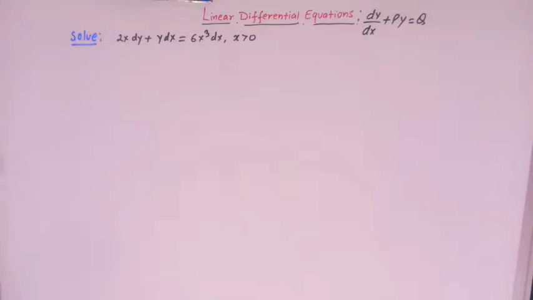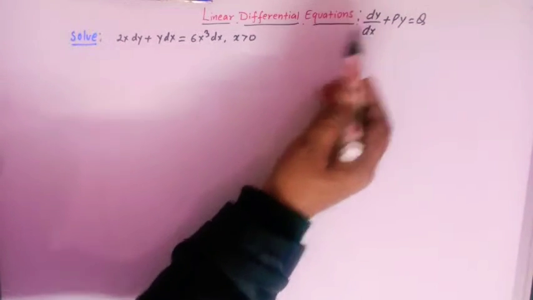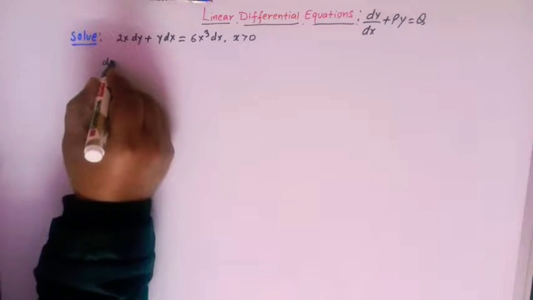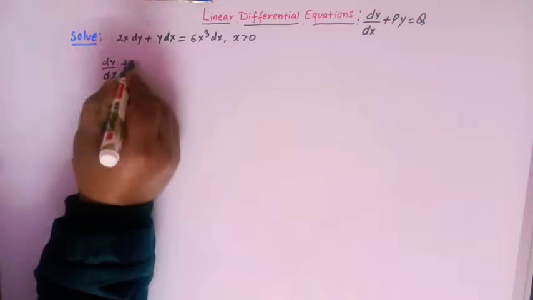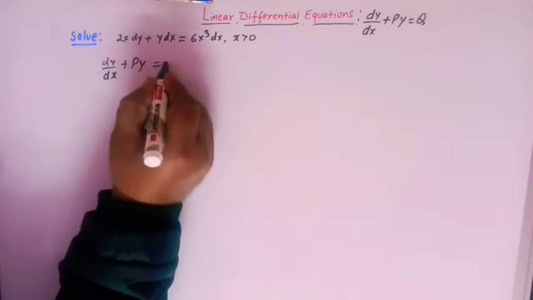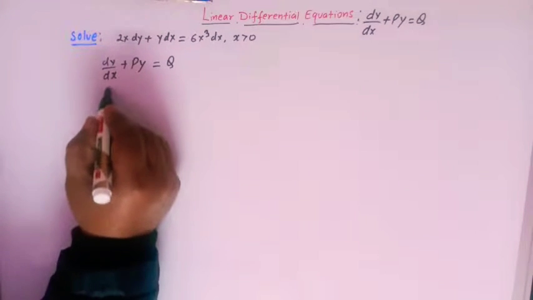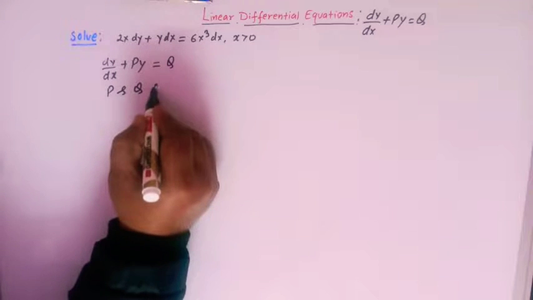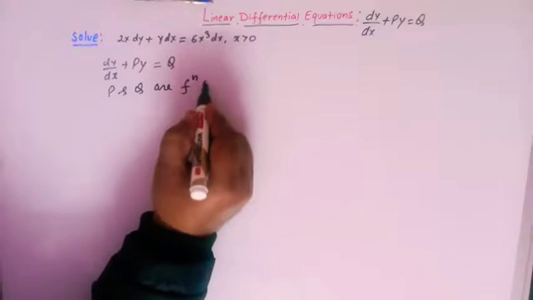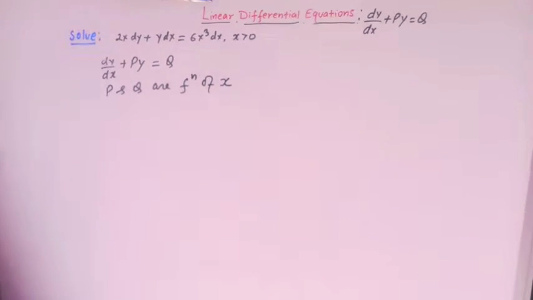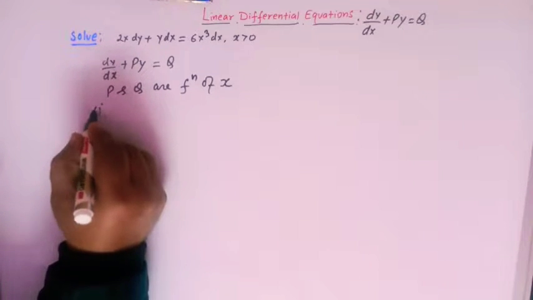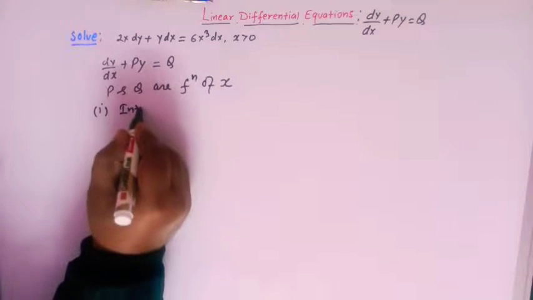in our earlier videos. So if we have a differential equation of this type, that is dy over dx plus py is equal to q, where p and q are functions of x, then we first find out the integrating factor.